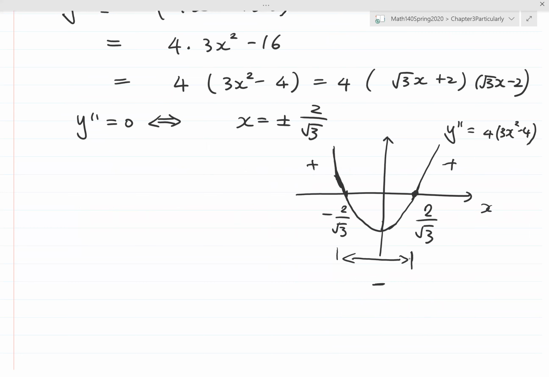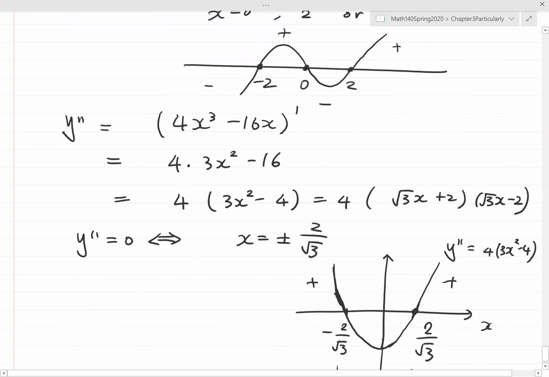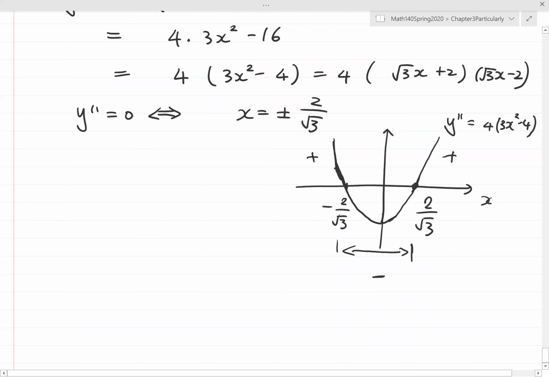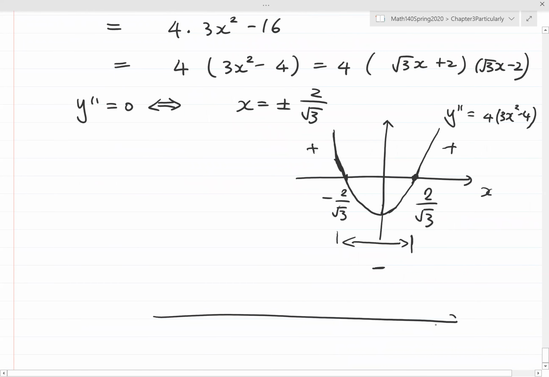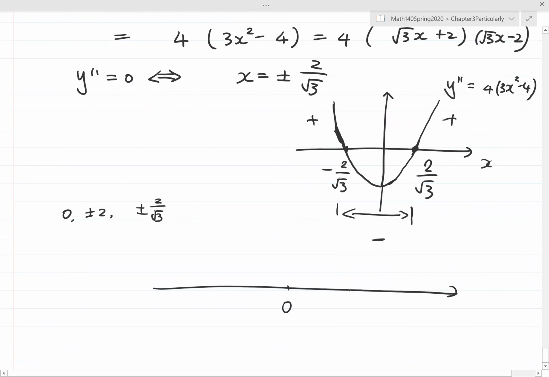And then you see we find the roots of the first derivative and second derivative on the number line. So we have 0, plus or minus 2, for the first derivative when it vanishes. And for the second derivative, we have plus or minus 2 over root 3. If you put all the numbers on the number line, it's symmetric.